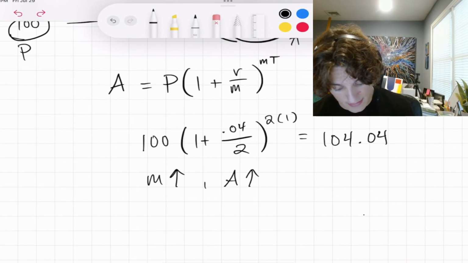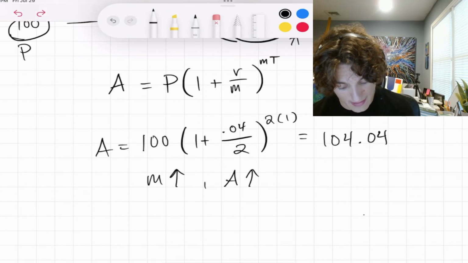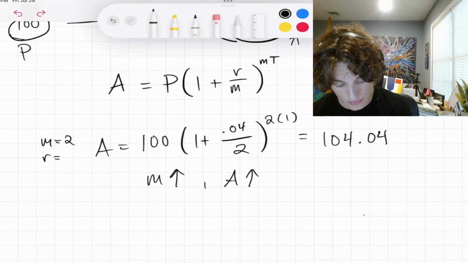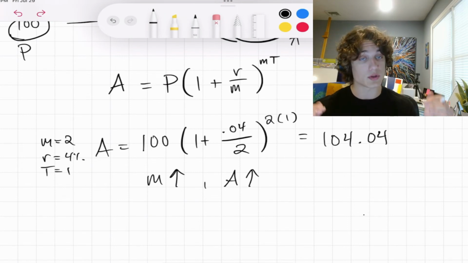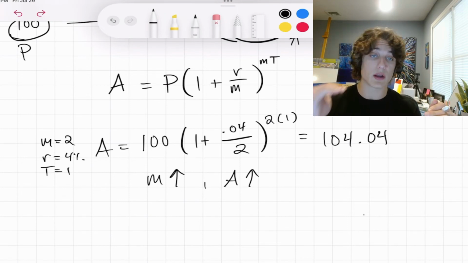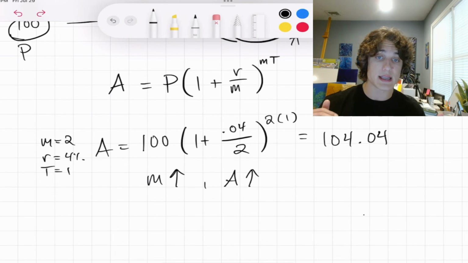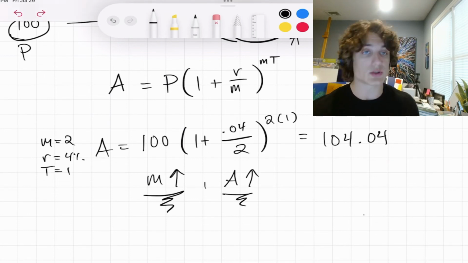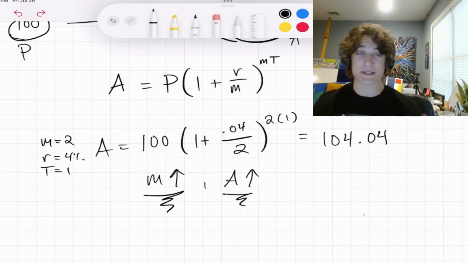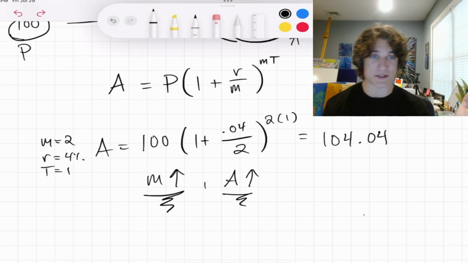So essentially, this is A for when M is equal to 2 and R is equal to 4% and capital T is equal to 1. But all else equal, should we fix the values of R and cap T, if M increases, then A is also going to increase. This goes and begs an interesting question.